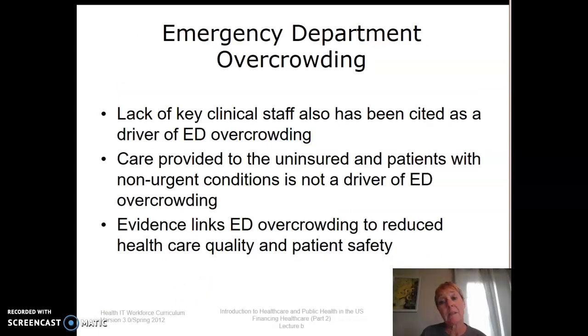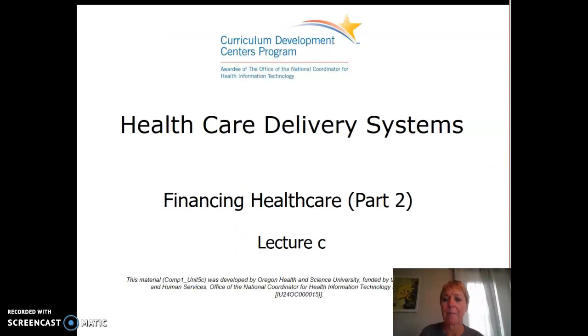The overcrowding in the emergency room causes problems because you have to staff it. Lack of staff continues to be an issue. And then the care of people who really aren't urgent causes overcrowding. And then when you have overcrowding, you have issues with quality and patient safety, because how do you prioritize and get the people in who need the care?